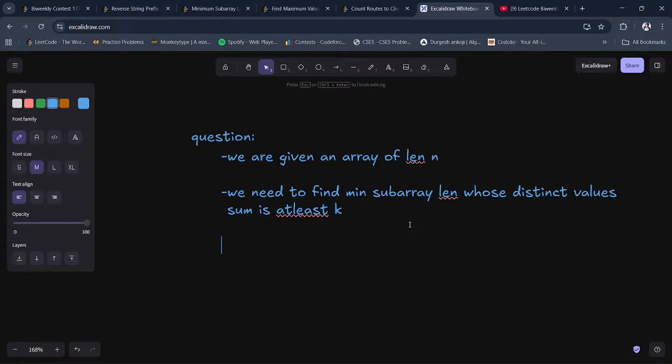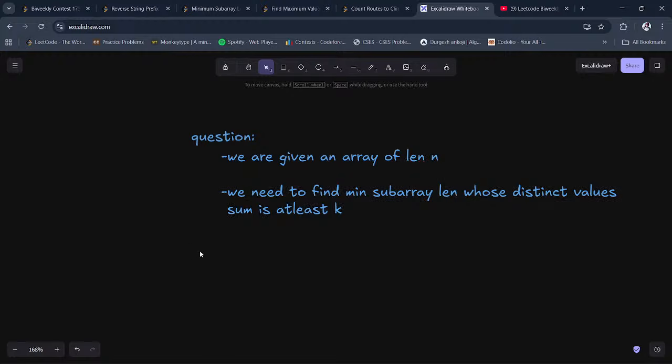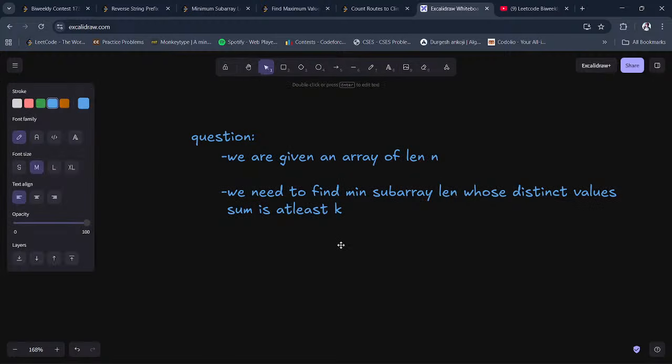What observations can we make here? Let's create some observations. The sum of distinct values should be at least k.